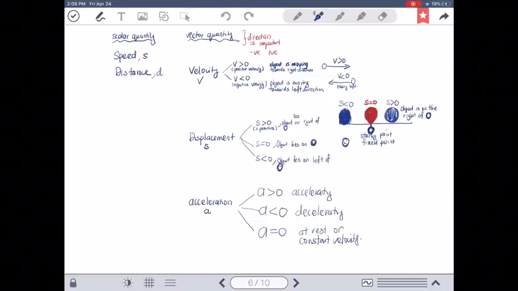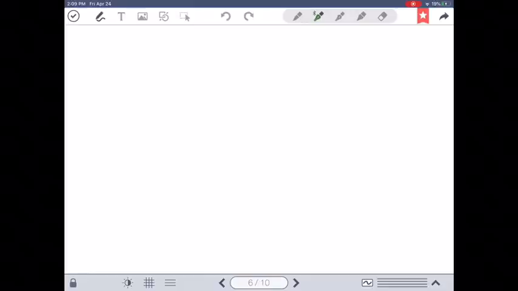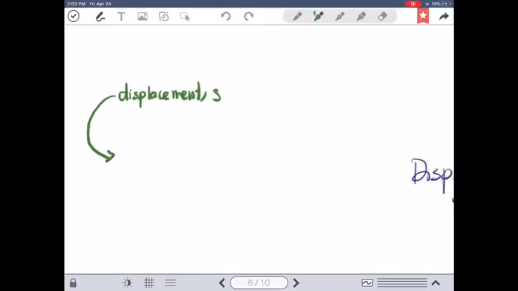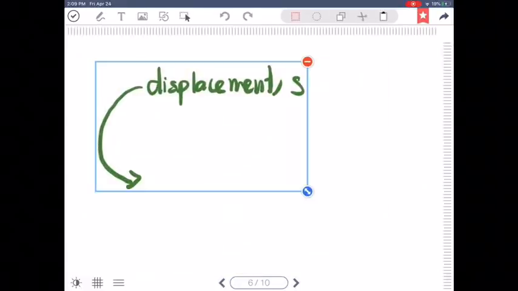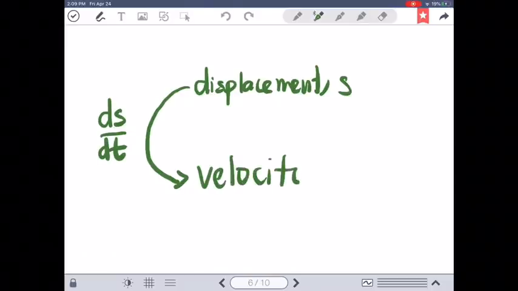And I would also want to talk about the relationship between displacement, velocity, and acceleration. If we have displacement S, and we differentiate displacement with respect to time, ds over dt, we will get velocity v.